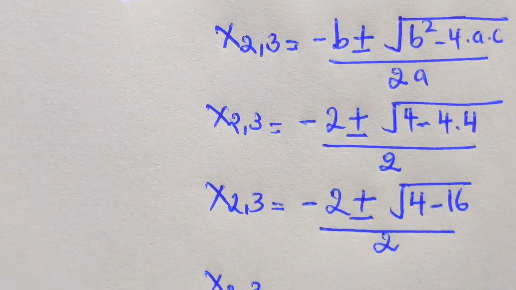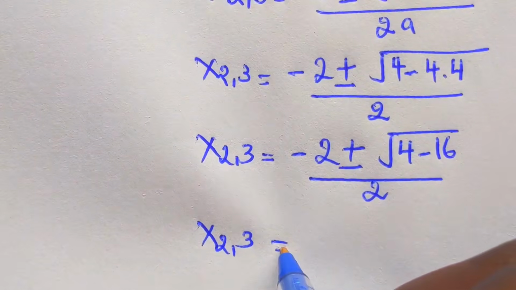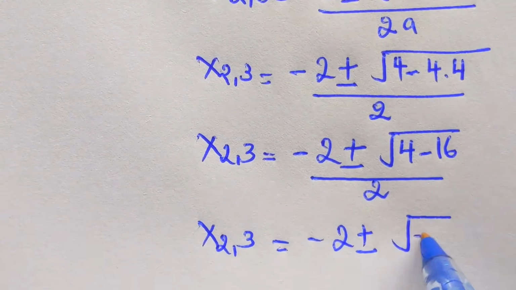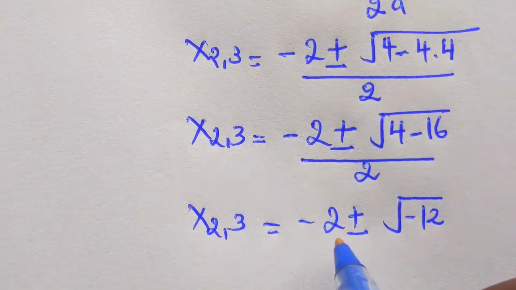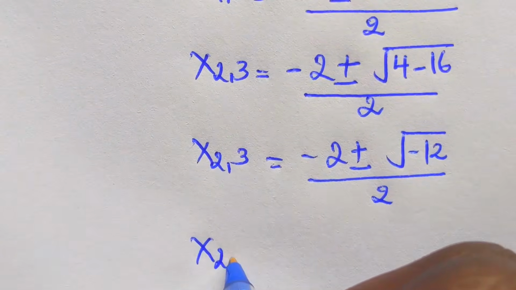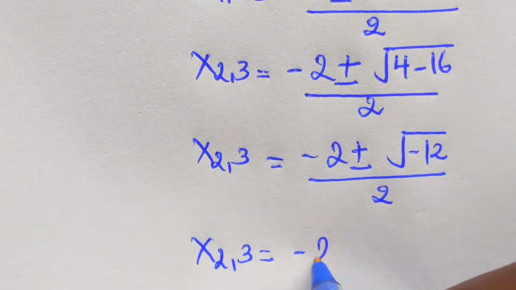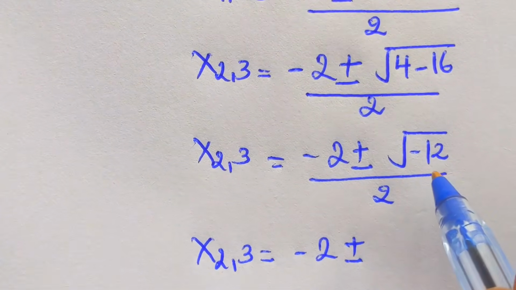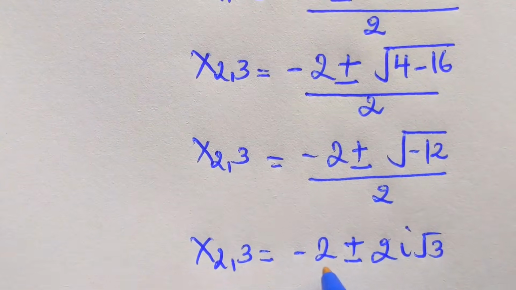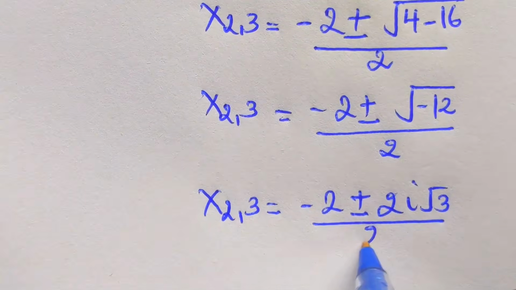For x2 and x3 right here we shall get negative 2 plus or minus the square root of negative 12 over 2. Of course, x2 and x3 will be negative 2 plus or minus, this is 4 times 3, 2i square root of 3 over 2.